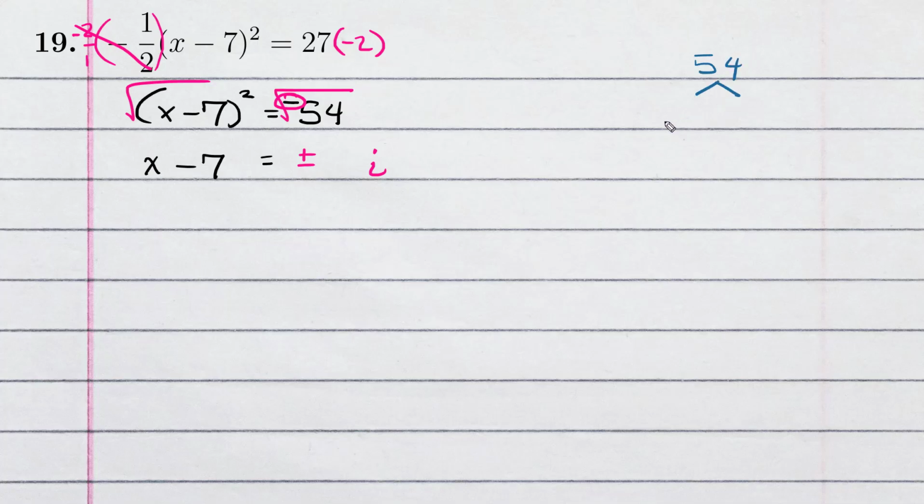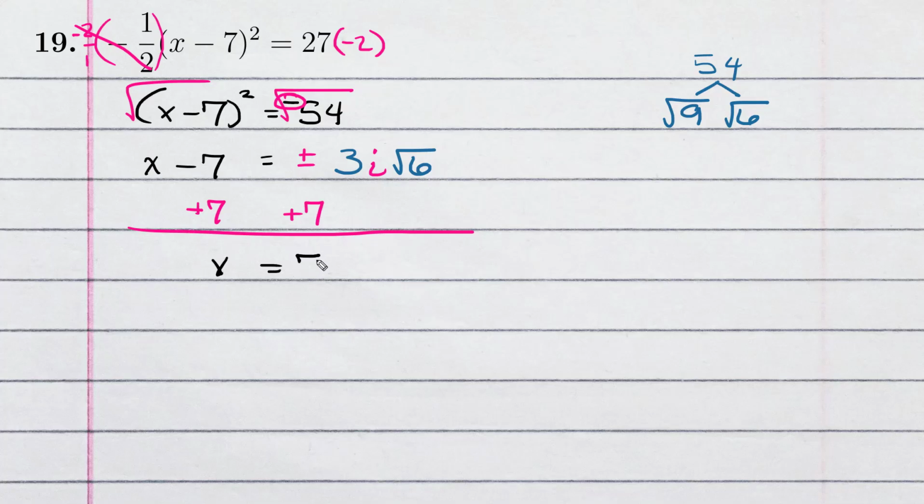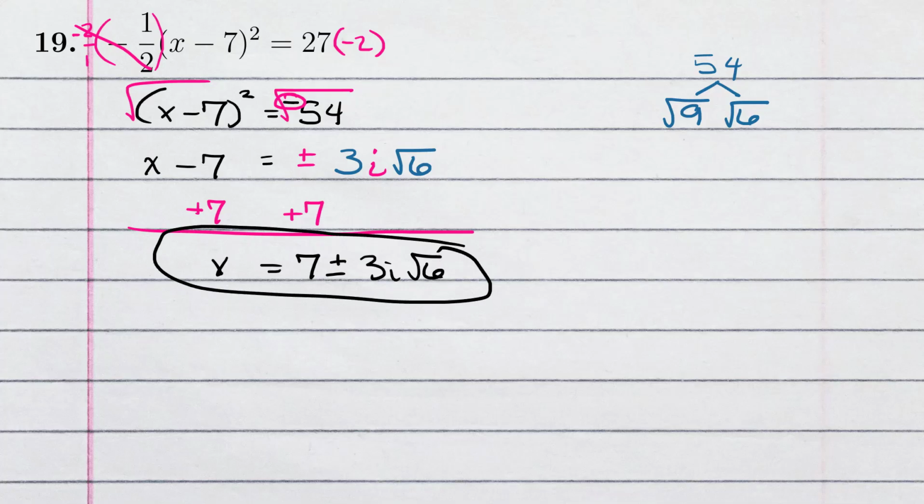So I'll look for the largest perfect square that can divide into 54, and that's 9 times 6. The square root of 9 is 3, and the square root of 6 is the square root of 6. Now I need to move the negative 7 over to the right-hand side by adding 7. And so x is equal to 7 plus or minus 3i square root of 6. And that would be your final answer.